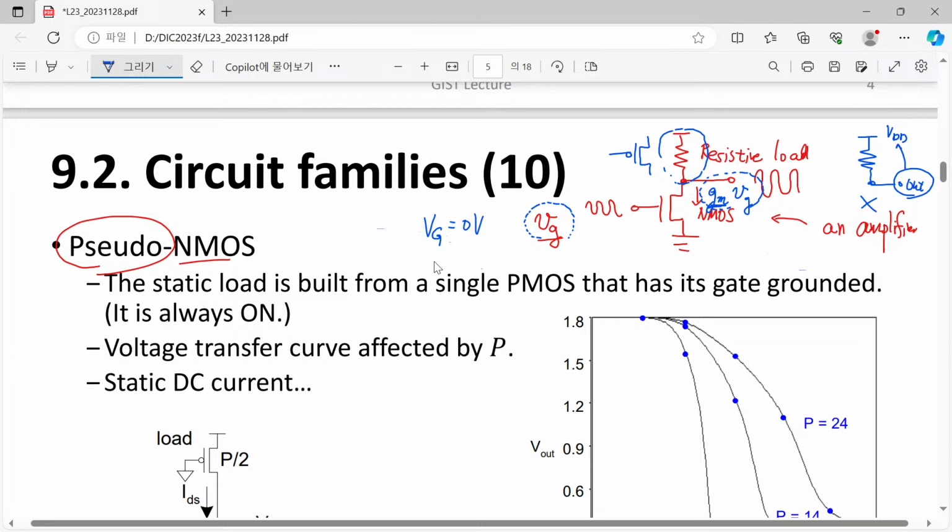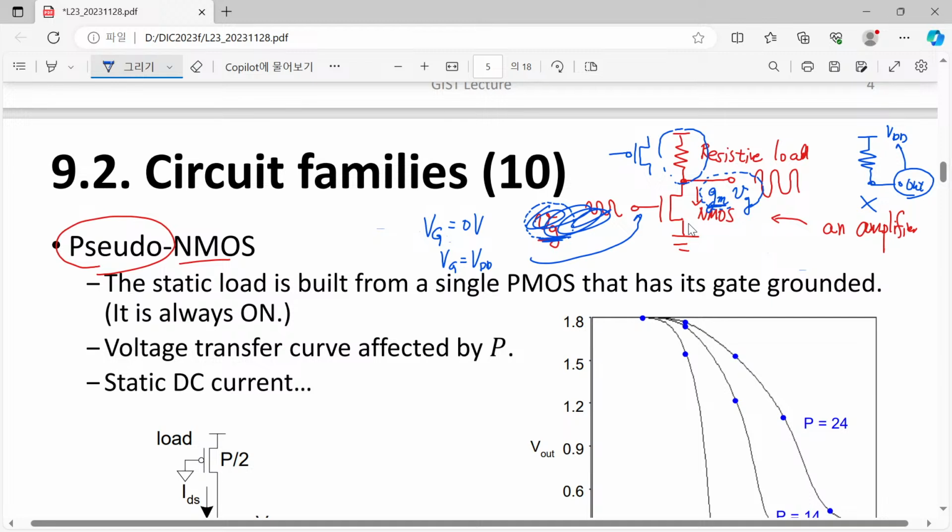Of course, in the case when we apply VDD to our MOS gate voltage, it is the same as before. Our fully turned on MOSFET will drive this output voltage down to the ground.